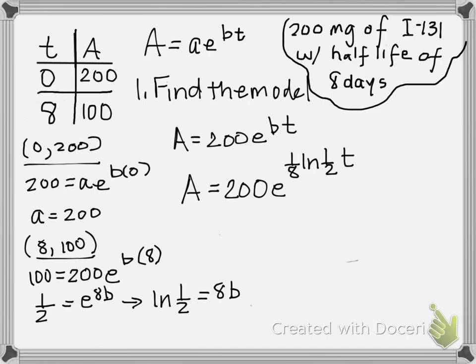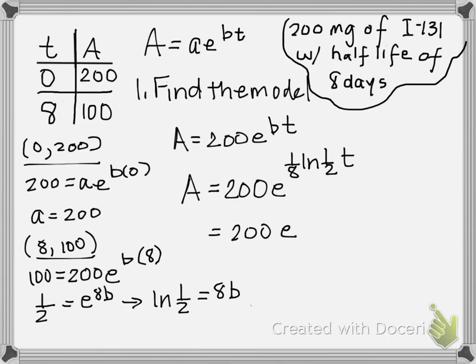Now, one thing to recognize in this is that I've got actually 3 factors, but I can split it up into 2 factors and say I've got this factor, 1/8 ln 1/2, which is just some value, and then I multiply that by t. Well, according to the laws of exponents, I could rewrite that as a power to a power.